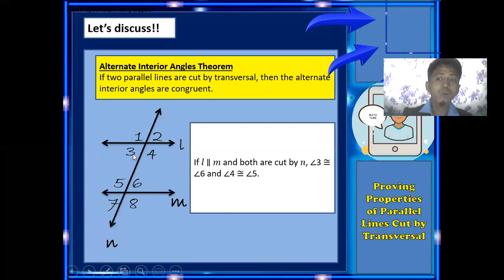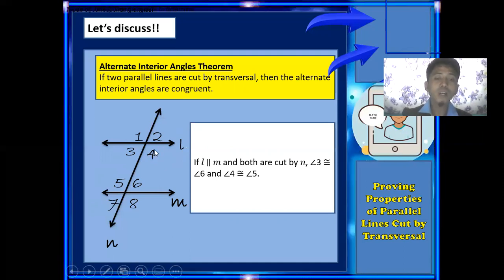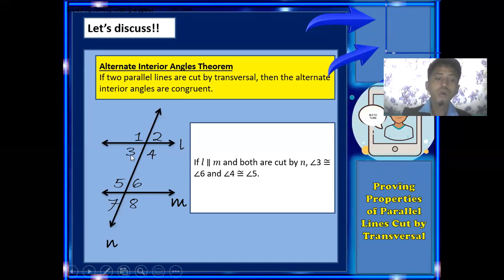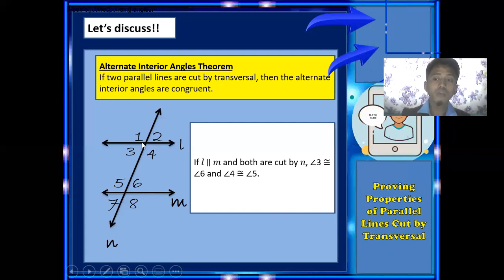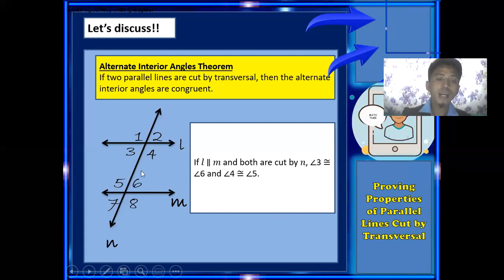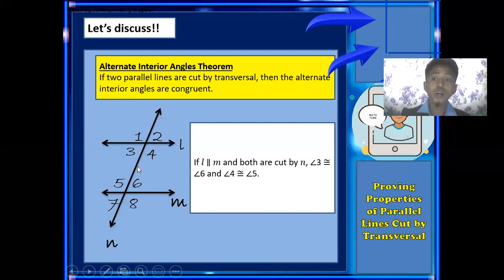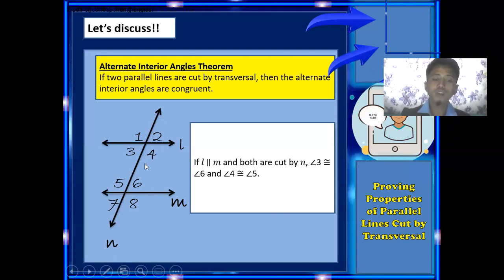We have angles 3, 4, 5, 6. Those are the set of interior angles. What we need to find out next is the alternate. The alternate of angle 3 is obviously angle 6. And since they are interior angles, we can conclude that angle 3 and angle 6 are alternate interior angles. Do you have a question about this one?